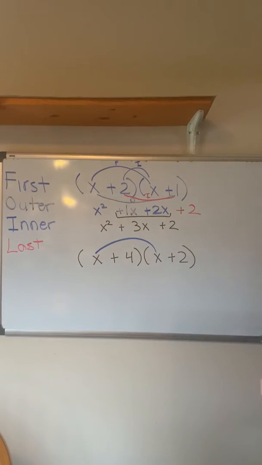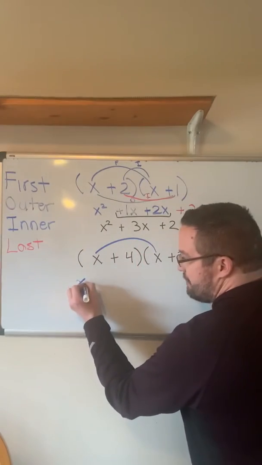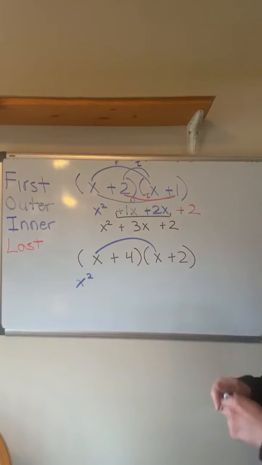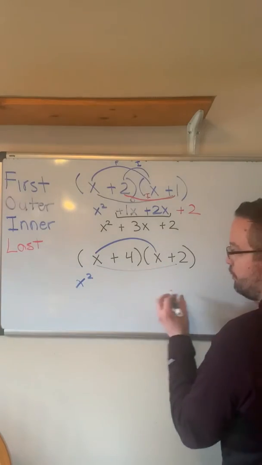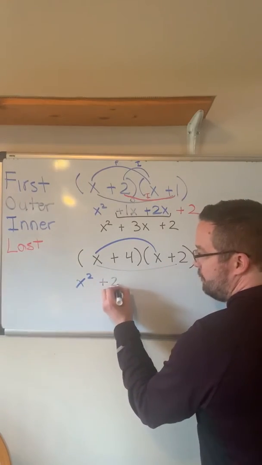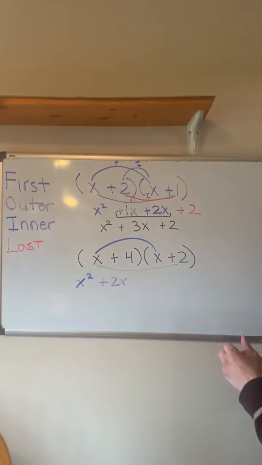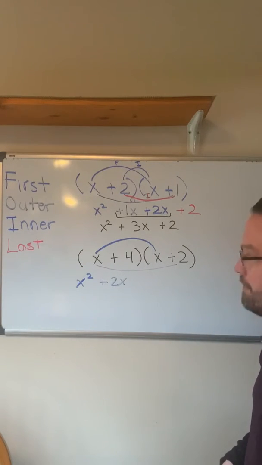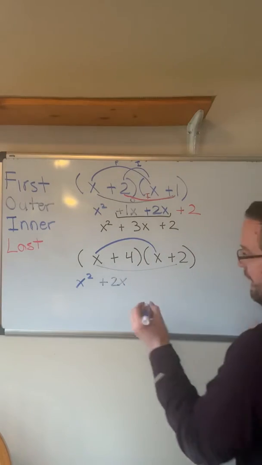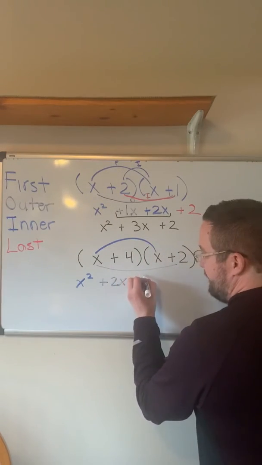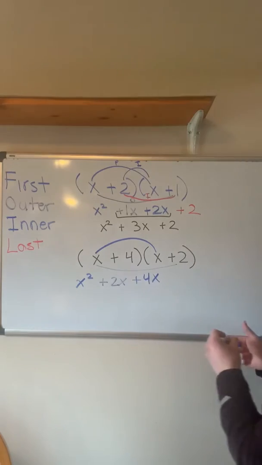So I go x times x, which is x squared. Then I've got my outside terms, which is x times 2, which is going to give me 2x. The opposite of the outside is going to be the inside. So I've got 4 times x. That's going to give me 4x.